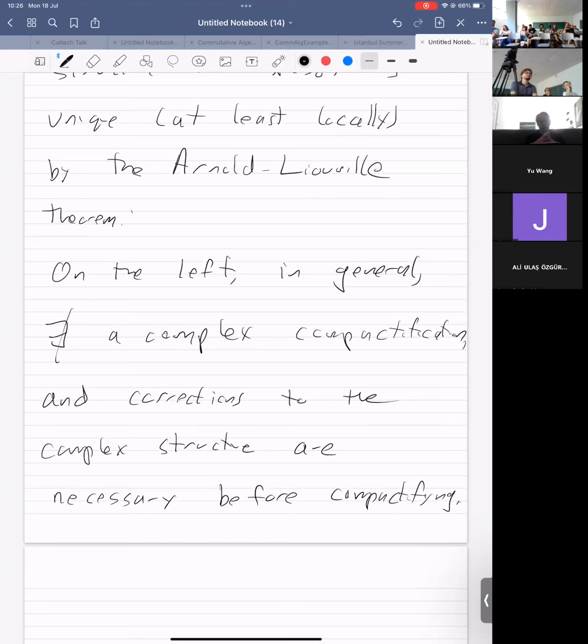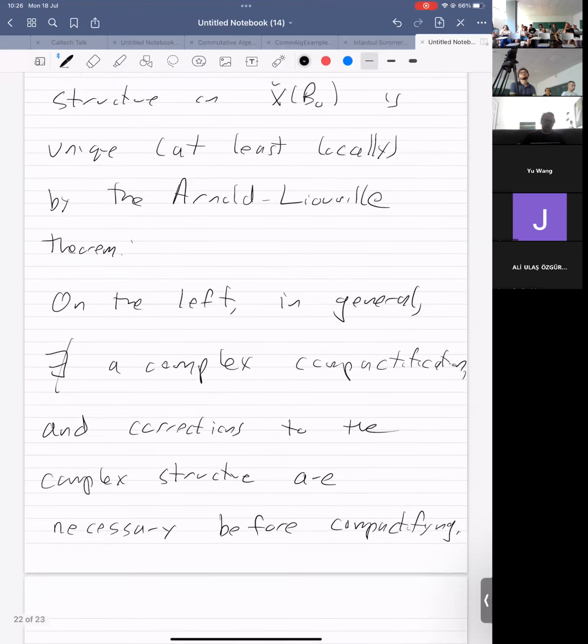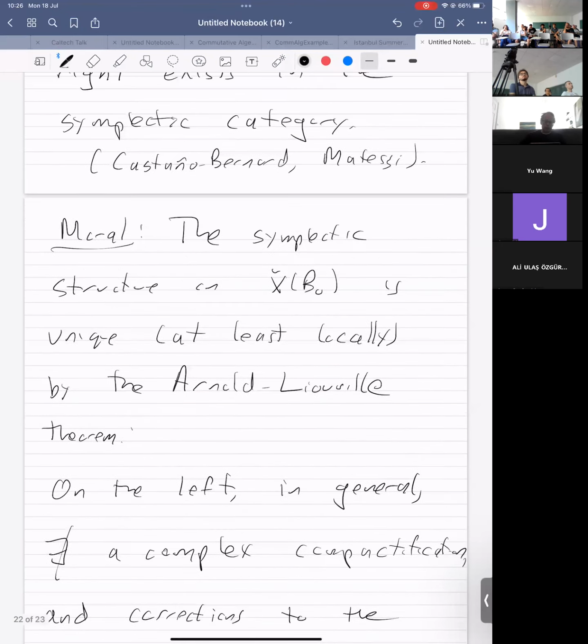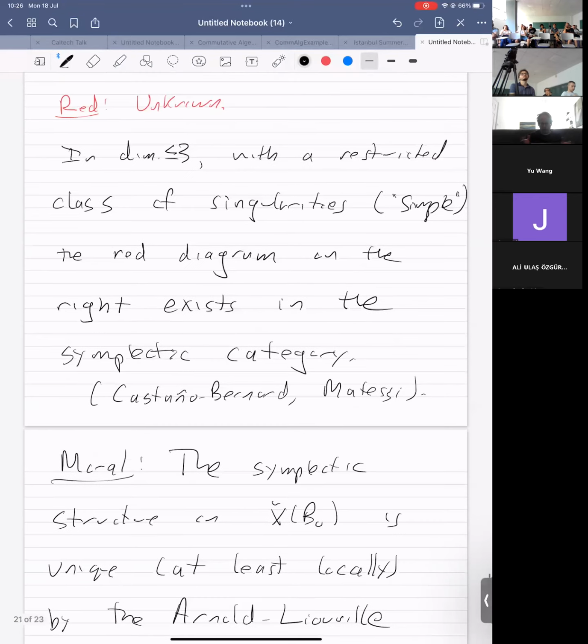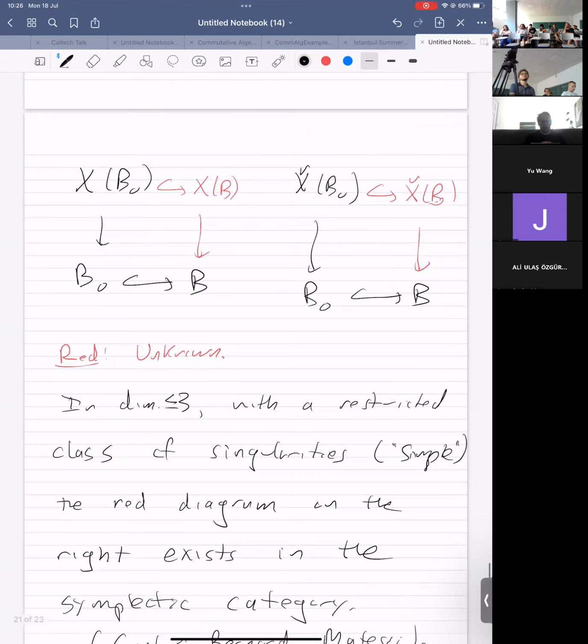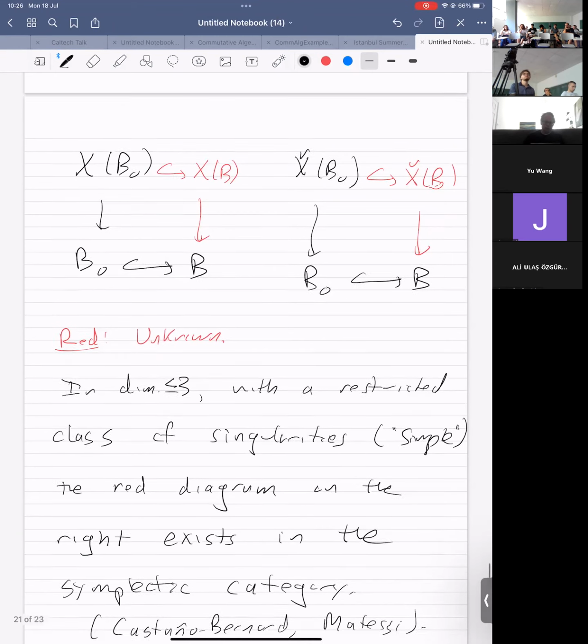Okay, so somehow you need to deform, you need to perturb the complex structure, and you need to do that in some intelligent way so that you have any hope of actually extending the complex structure to the compactification. And in a sense, that's really what people have been trying to do in the SYZ approach to mirror symmetry for the last 20 years.